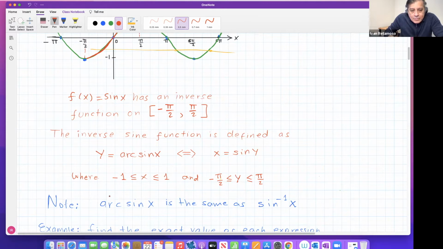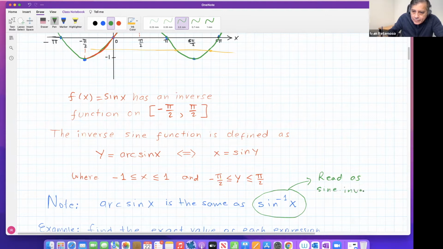Mathematicians decided to shorten this representation by writing sine with a -1 on the top, sine inverse of x. Here, do not confuse this with exponents. This is read as sine inverse of x.